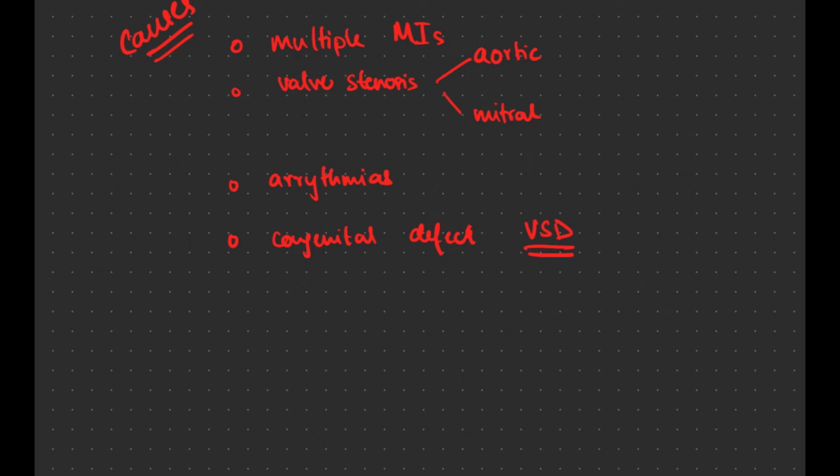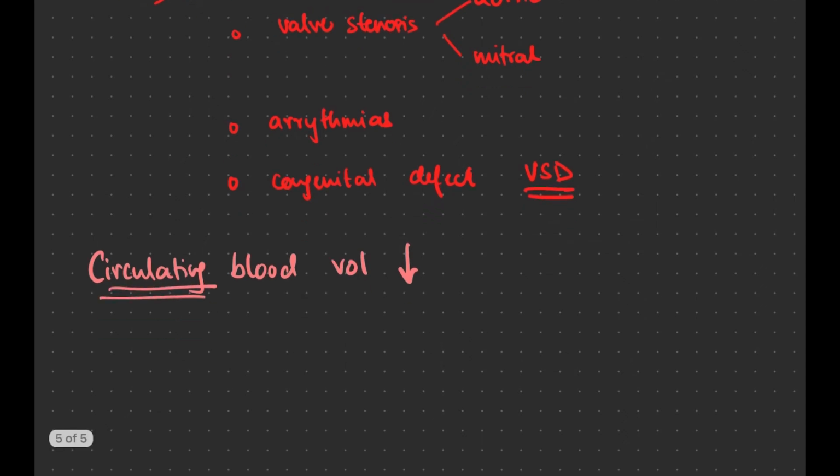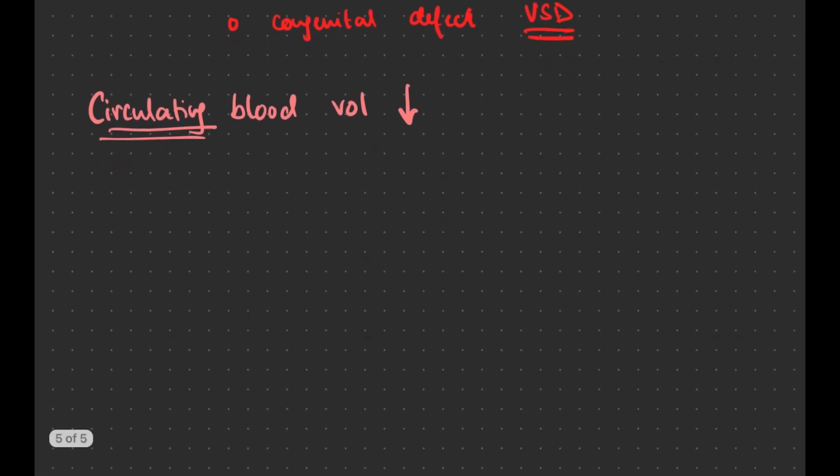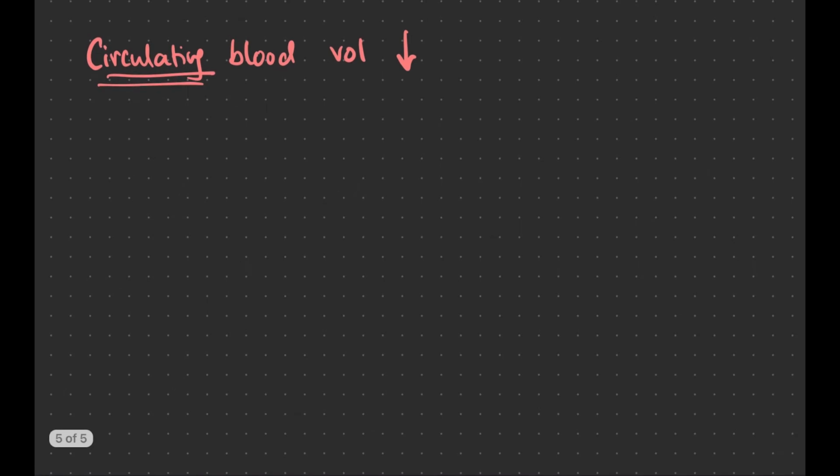Okay, so since pumping of blood is inefficient, the circulating blood volume goes down. So in hypovolemic shock, in general, the total blood volume was going down. But in cardiogenic shock, the circulating blood volume has gone down. Hence, tissue perfusion has also gone down.